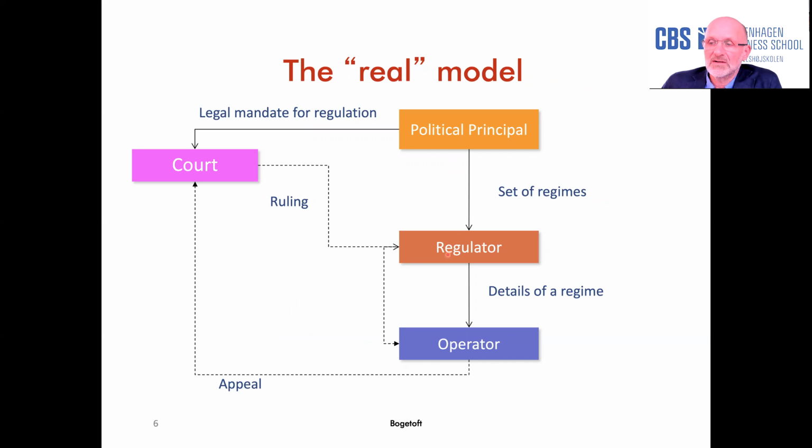Then the regulator fills out the details and tells those to the operator. And maybe the operator is not satisfied with the decisions of the regulator, and then he can appeal to a court system. The courts will then decide whether it's a fair amount of money that the firms were allowed to charge the consumers. So it's much more complicated than just a relationship between 2 parties.